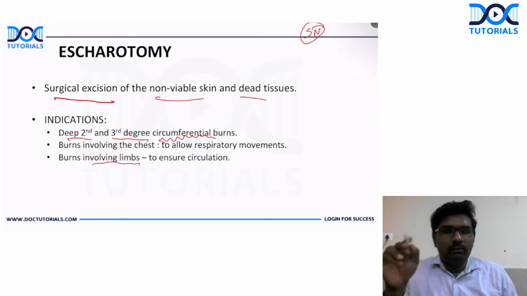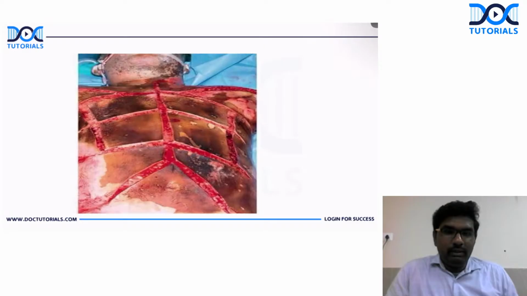In case of a circumferential eschar in the upper limb or lower limb, the distal flow will be affected. If the distal flow is affected, there can be ischemic changes in the distal part of the extremities, and even gangrene formation can occur. This is an image showing an escharotomy in the chest wall. You can see incisions are made in this region.